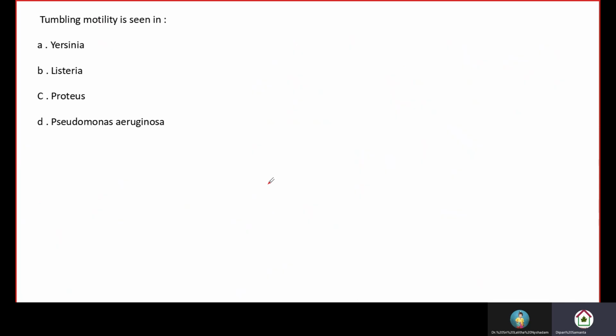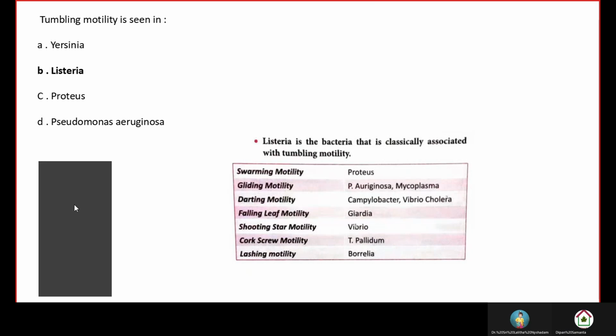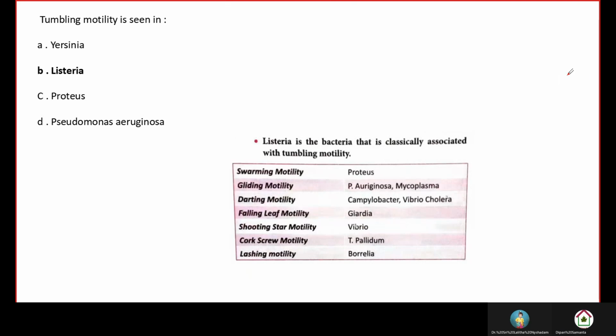Okay, next question. Tumbling motility is seen in Yersinia, Listeria, Proteus, or Pseudomonas aeruginosa? The answer is Listeria. Listeria is the bacteria that is classically associated with tumbling motility.